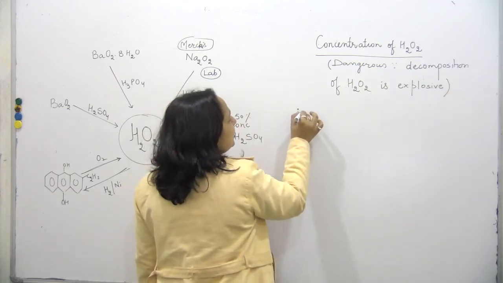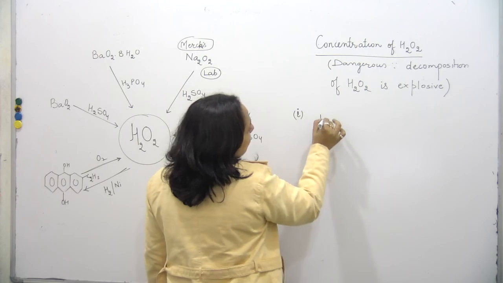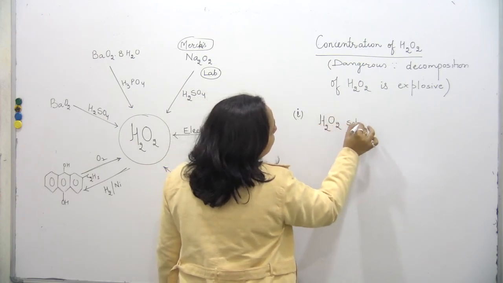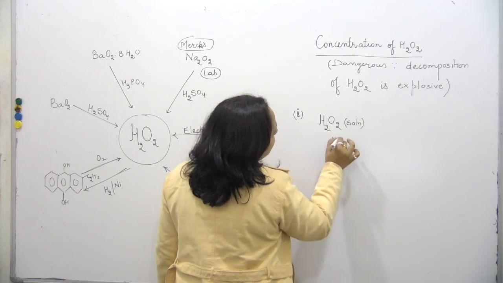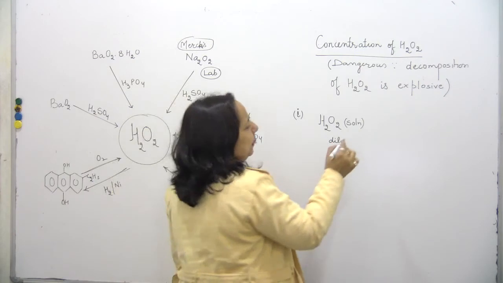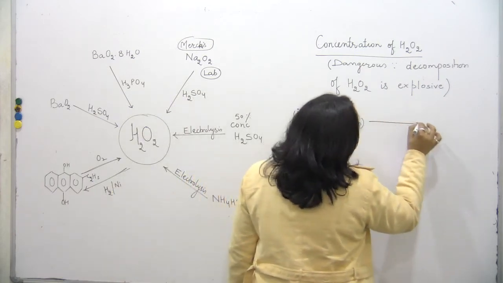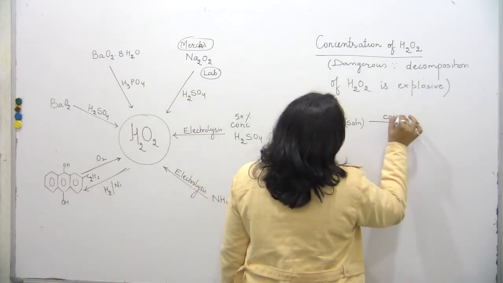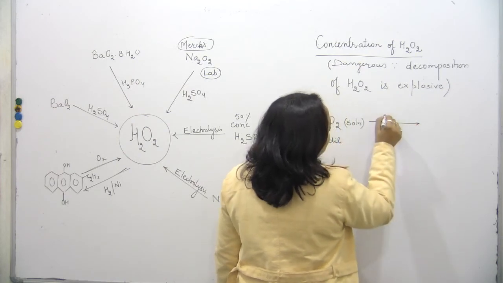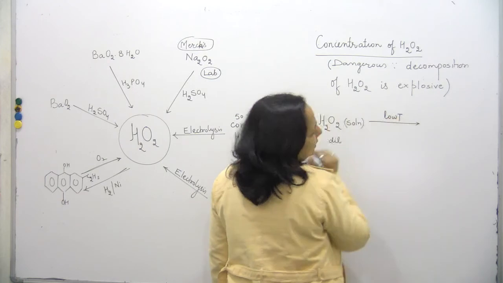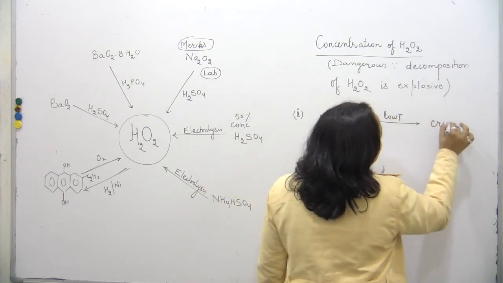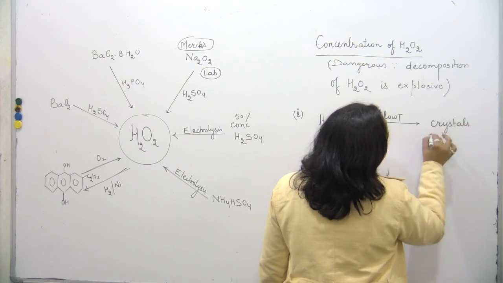How we can concentrate it? Hydrogen peroxide solution, which is very dilute, about 5% to 15% by concentration, is first cooled to low temperature and crystals of ice are separated.